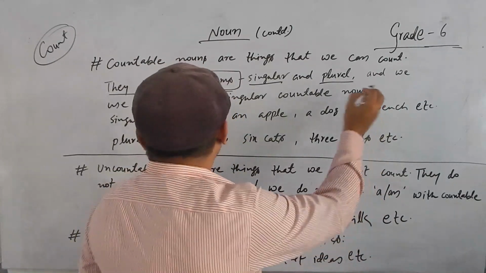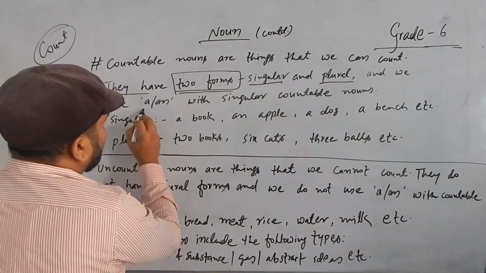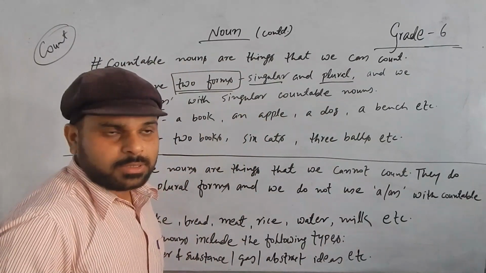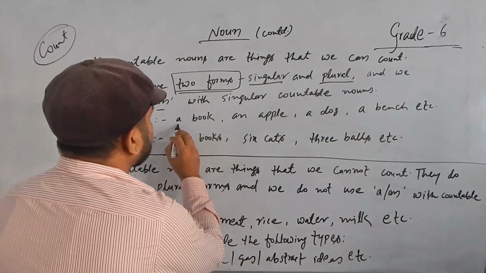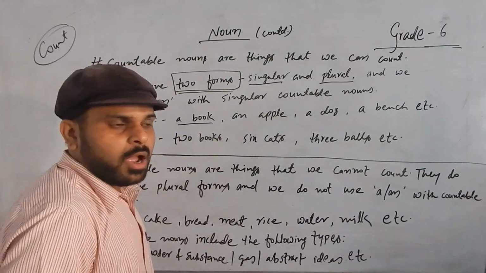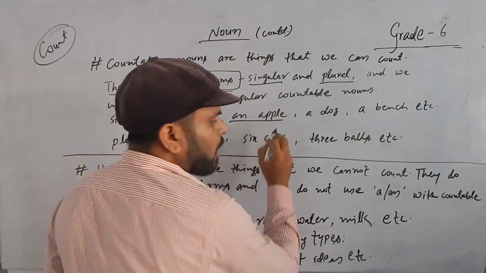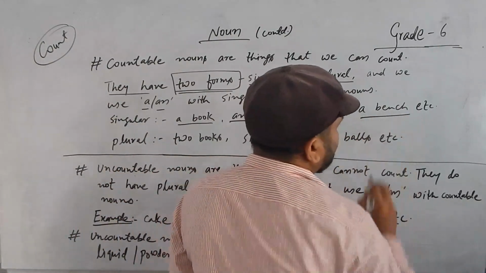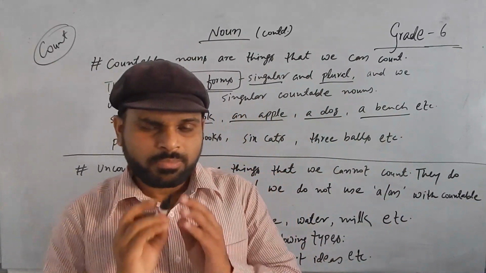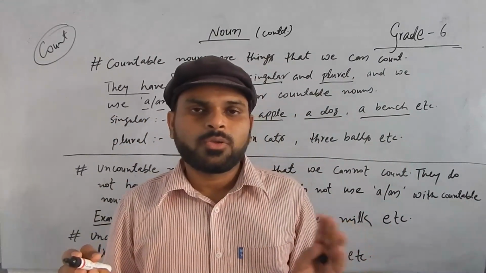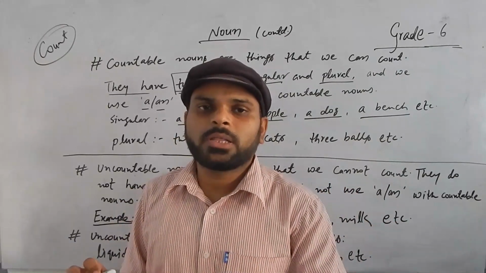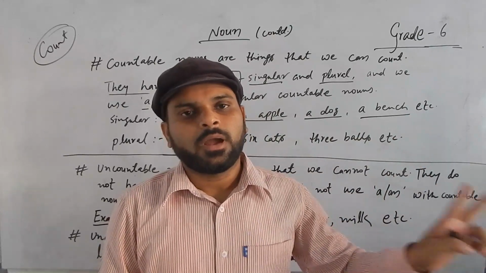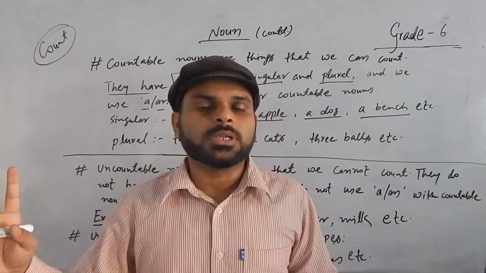We can use a or an with singular countable nouns, like a book, an apple, a dog, a bench. You might have read about singular and plural things: a boy and 2 boys, a girl and 2 girls.